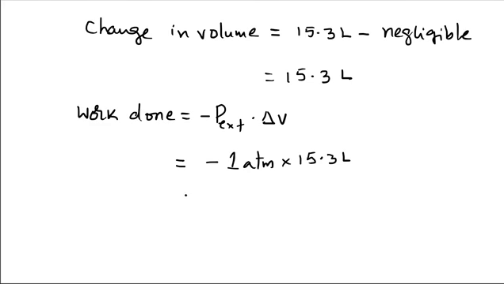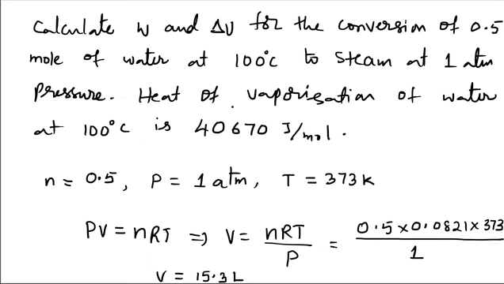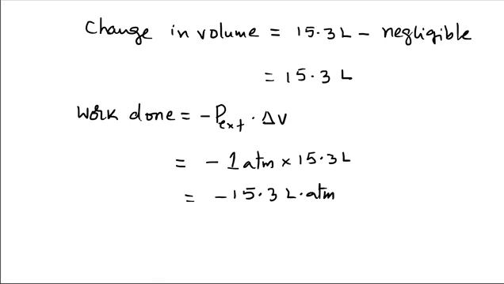So we end up with negative 15.3 liter atmospheres. This is the amount of work done in liter atmospheres, and we must convert that into joules, because the answer is asked in joules. We know that 1 liter atmosphere is equal to 101.3 joules.